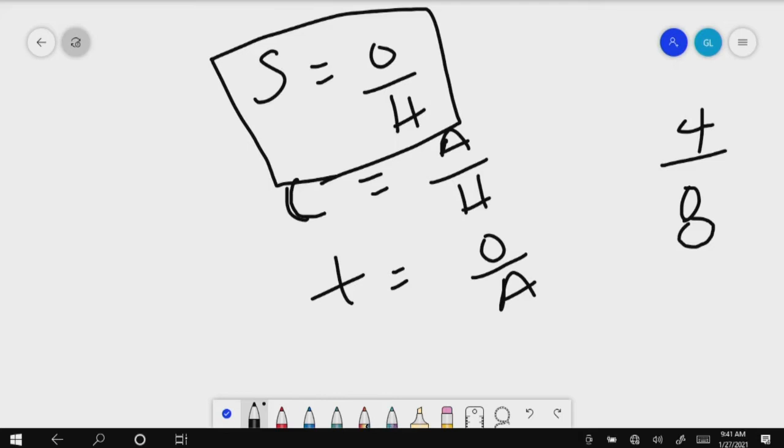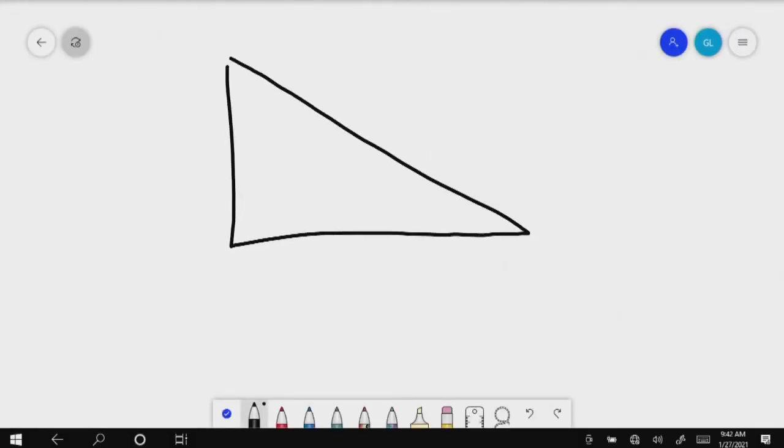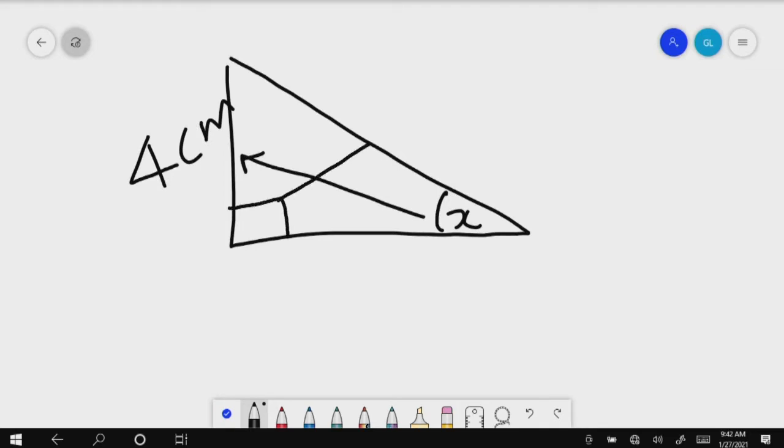How do we know it's a sine ratio? The sine ratio tells us that x has 2 sides we're looking for, the opposite side and the hypotenuse side. If we look at the right angle triangle, x is referencing the opposite, which is 4 cm, and the hypotenuse, which is the longest side away from the 90 degree, it's 8 cm.